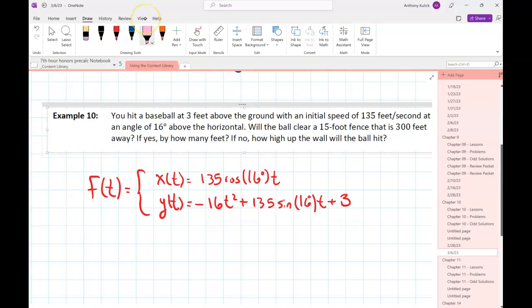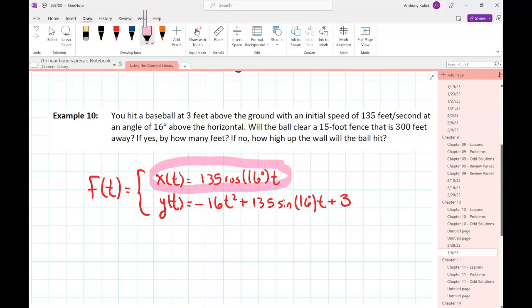So what I'm going to do is use the x component, set that equal to 300, find the t, and then plug that into the y to figure out how high the ball is at that t.